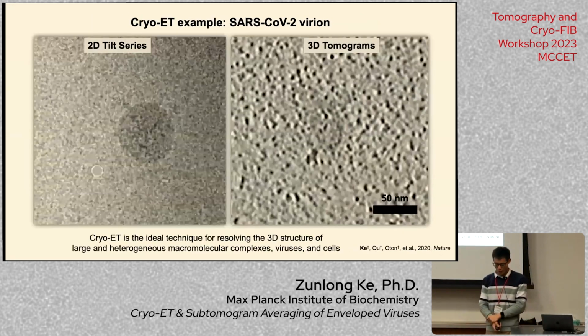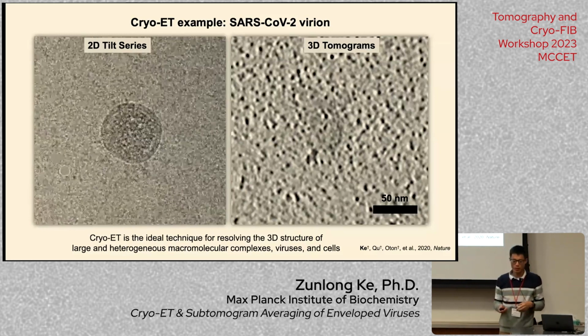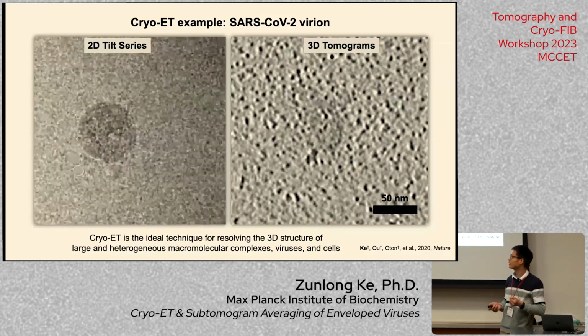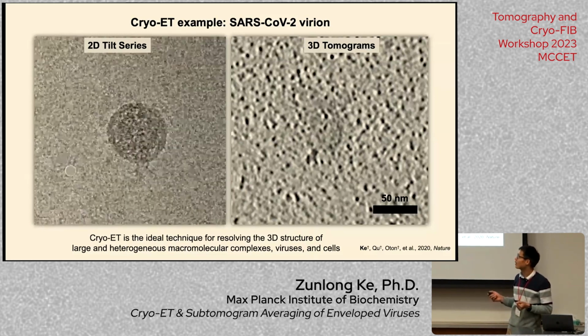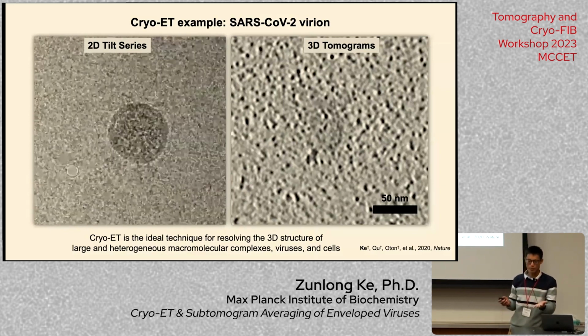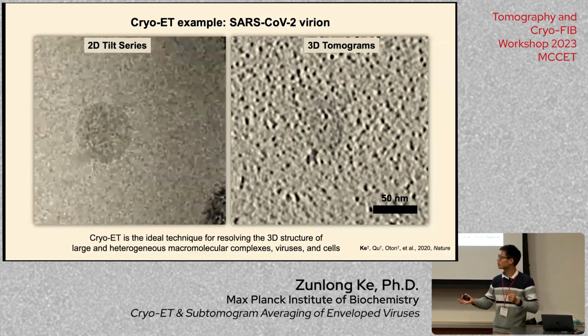So when the pandemic started, we were very fortunate to get samples of SARS-CoV-2 from our previous collaborators at University of Heidelberg. We started to get a sample and do tomography.